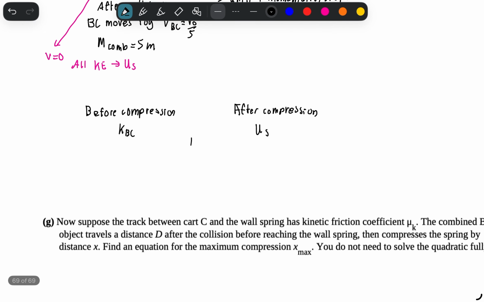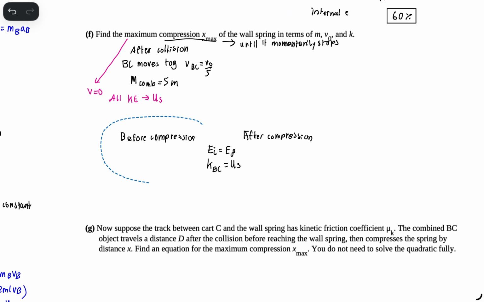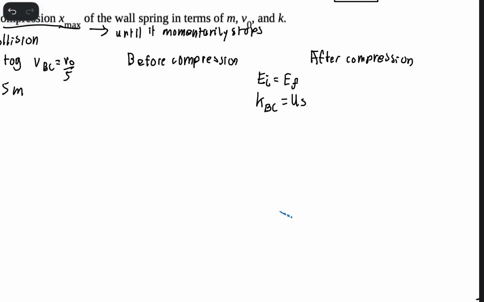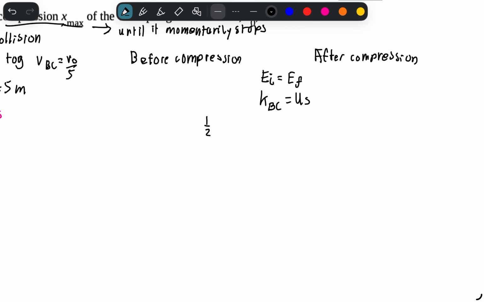So let's set them equal. So we have initial and we have final. We have K_BC, we have U_S. So let's move this over here. We have 1/2 m v_BC squared equals 1/2 k x max squared.